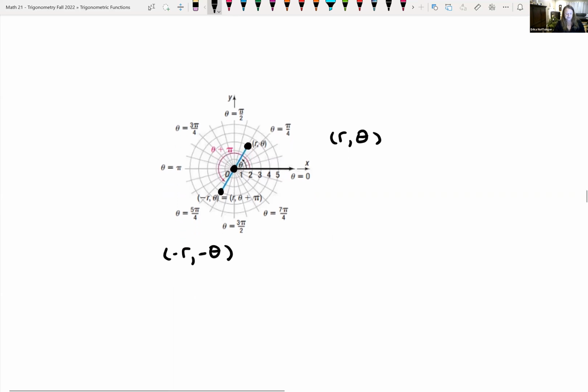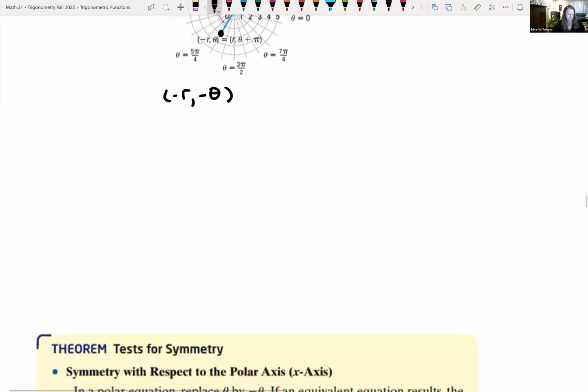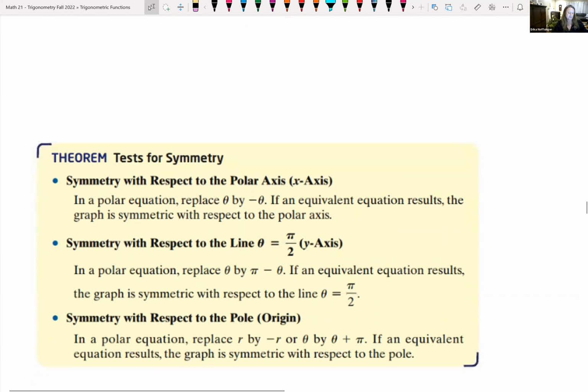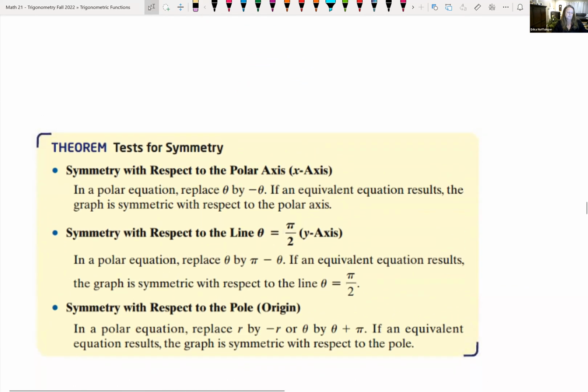So I actually have this typed out as a theorem for you. For the test for symmetry, if we're testing for symmetry across the polar axis, which looks like the x-axis, then in a polar equation, replace theta by negative theta.